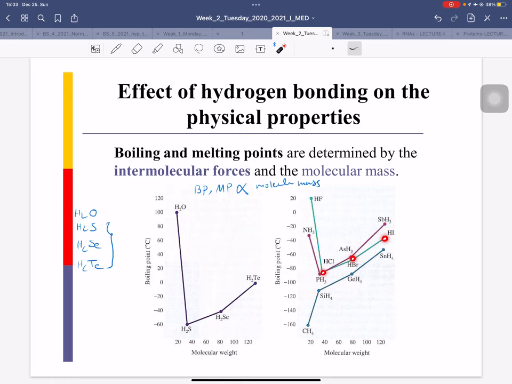As you see here, these three accept this rule: boiling point and melting point have a direct relation with the molecular mass, but HF has a higher boiling point because of the hydrogen bond, or because of intermolecular force. Then we can say with hydrogen bond, the physical properties, boiling point and melting point, will be increased.